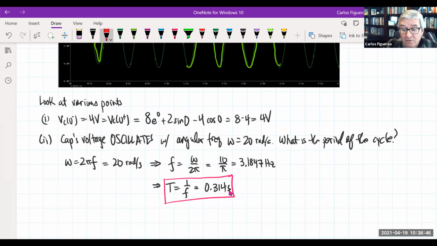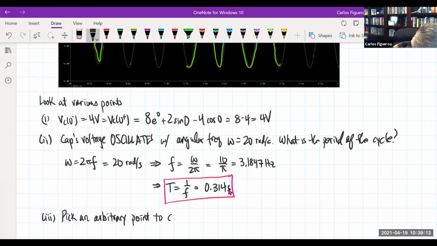And then I tried to just pick an arbitrary point to check the solution.